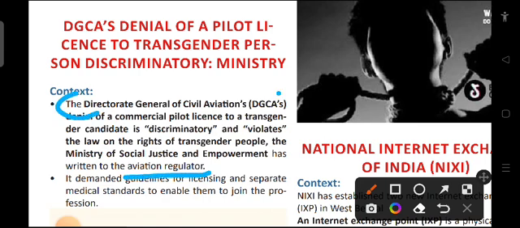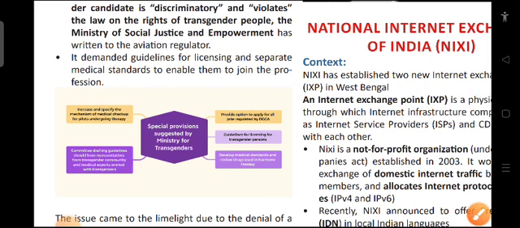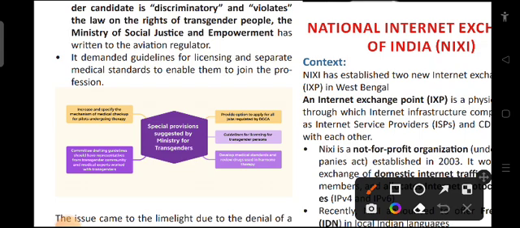So the Ministry of Social Justice has written to the DGCA that just because the person is transgender, you cannot eliminate them from getting a commercial pilot license. So this is about that Adam Harry issue. He demanded guidelines for licensing and separate medical standards to enable them to join the profession.